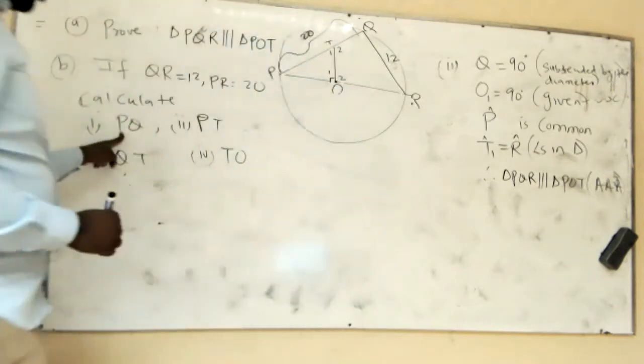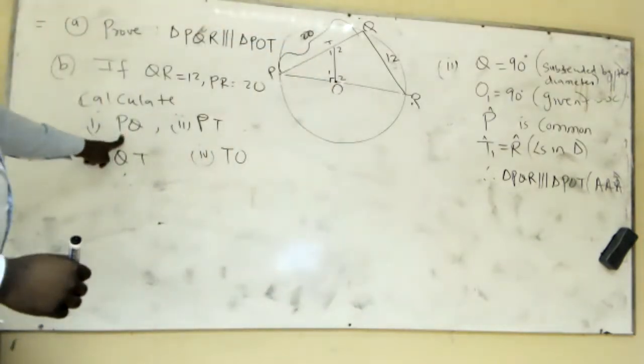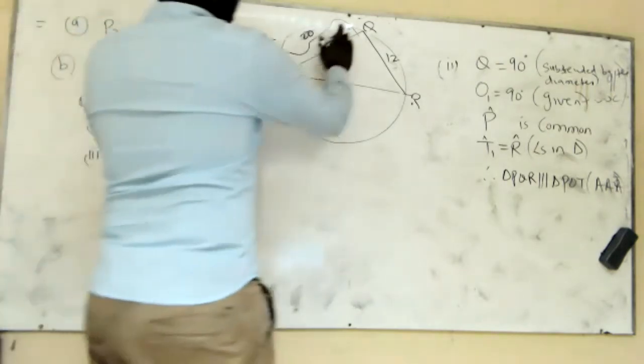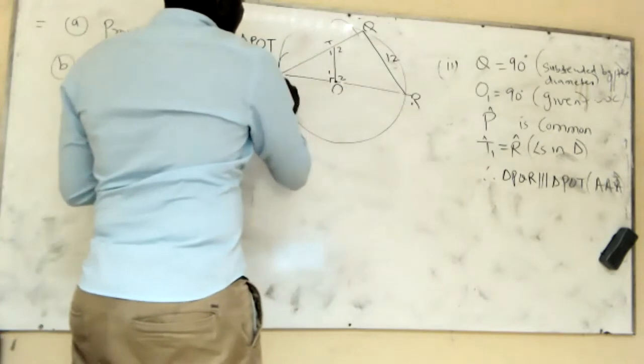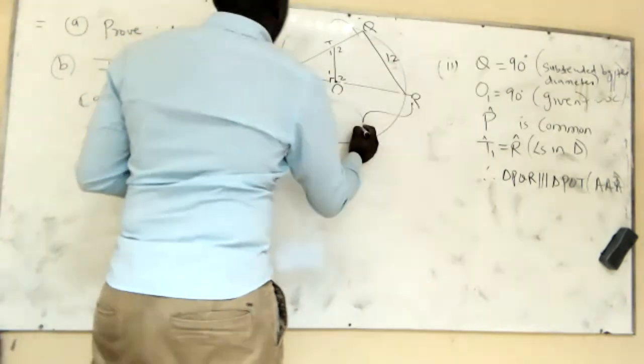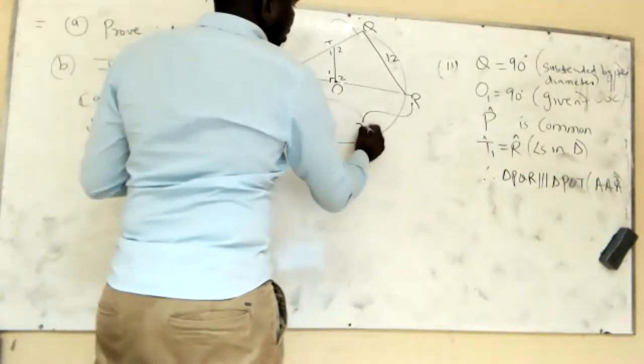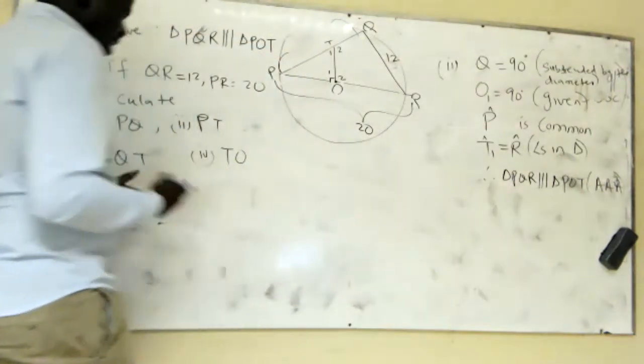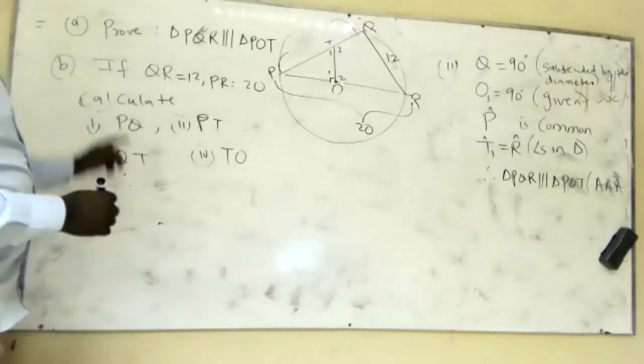So the first question requires us to find PQ. PR is this one, right? Yes. PR is 20. Is there anyone who has an idea of how we can find PQ?